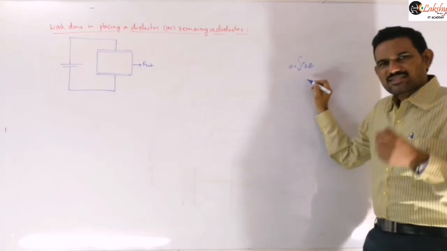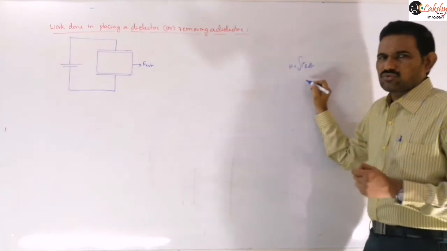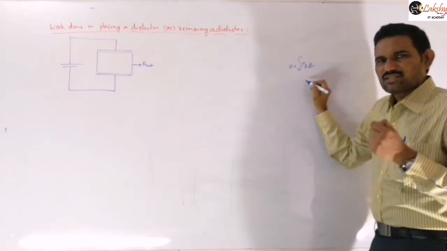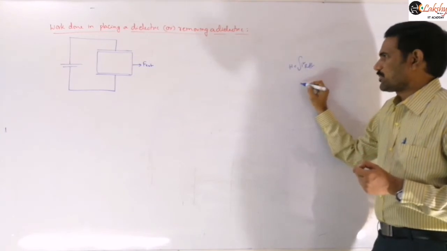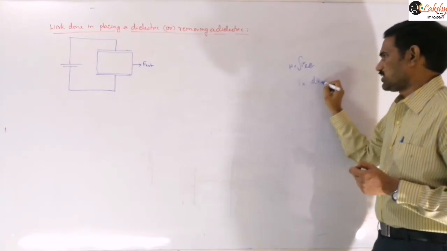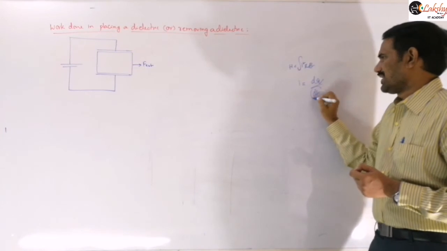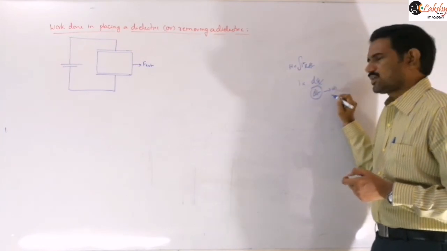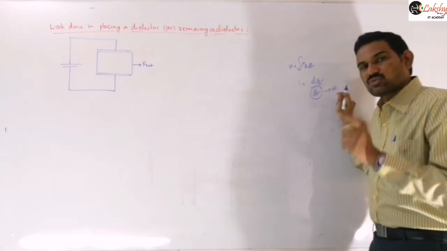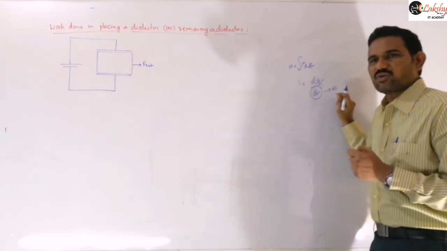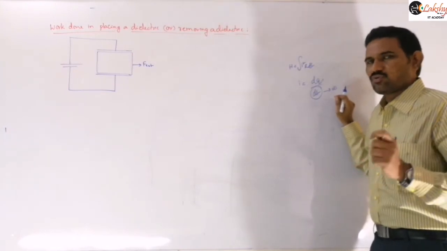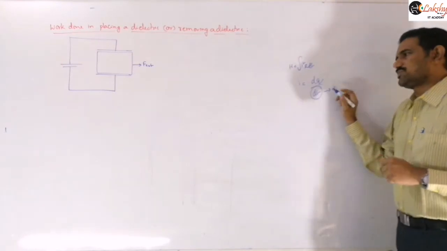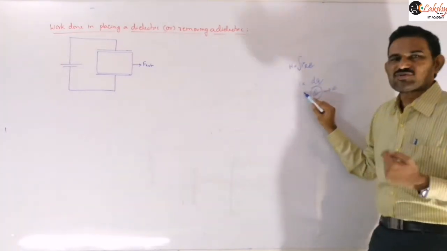If the process is taking place infinitely slowly, then I is nothing but dq by dt, or q by t, and this t value tends to infinity here. We are displacing it very slowly. Infinitely slow process means this I value tends to 0.